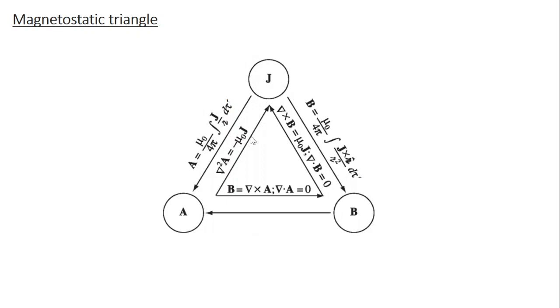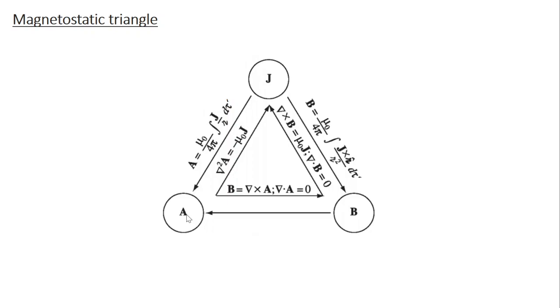And you have two equations connecting any two of these parameters, one an integral equation and another a differential equation. Between B and J, you have the Biot-Savart law, which is B equal to mu naught over 4 pi integral J cross R cap by R square d tau prime. Also, you have a differential equation, curl of B equal to mu naught J.